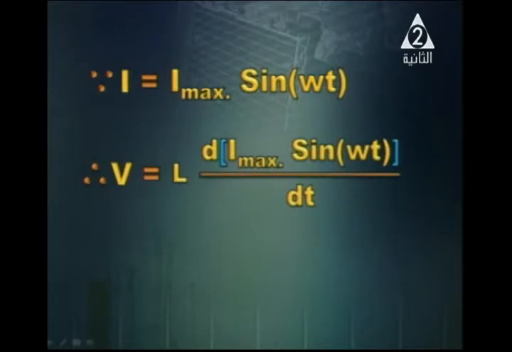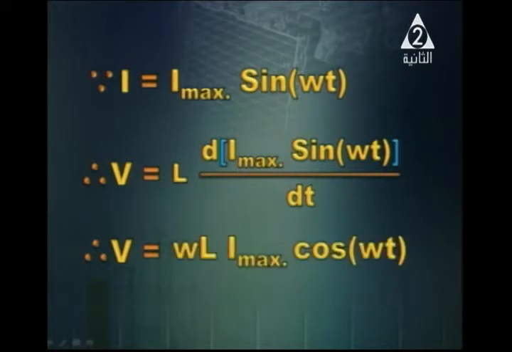Since instantaneous current is equal to I maximum sine omega t, the voltage is equal to L di by dt, substituting for the current. So d of I maximum sine omega t. So V will be equal to omega L I maximum cosine omega t.